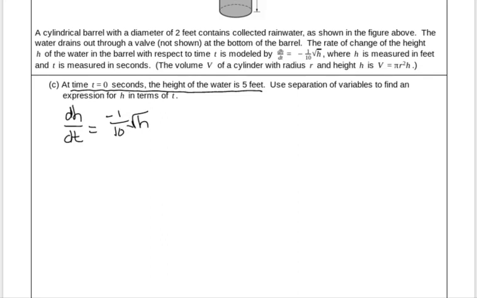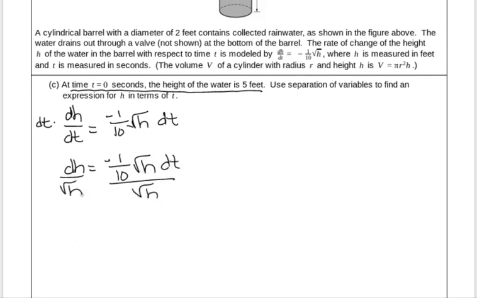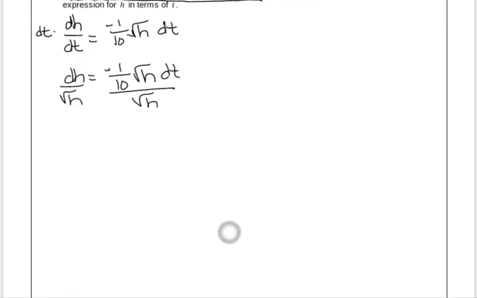So the first thing we do is multiply both sides by dt. And then we can divide by the square root of h. So we've really got dH over the square root of h is equal to negative 1 over 10 dt.